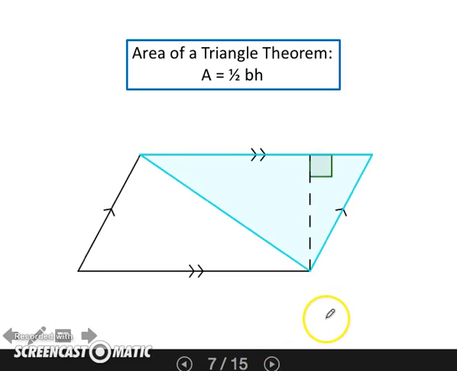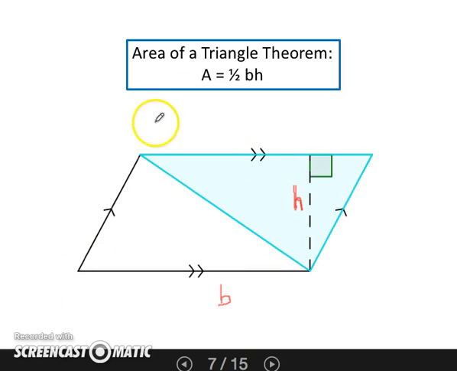Okay, a brief intuitive proof of this would be to realize that the area of this parallelogram is base times height, the base being here and the height being here, and that the area of this blue triangle is half of the entire area.